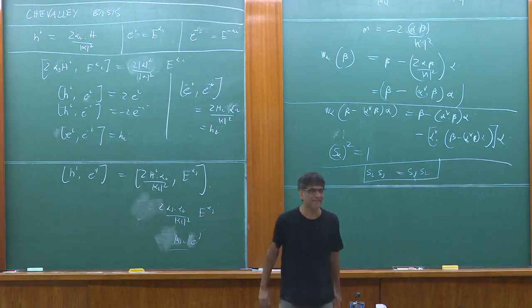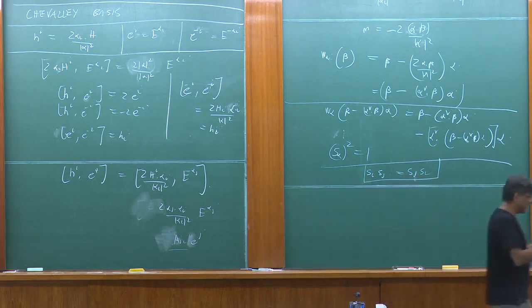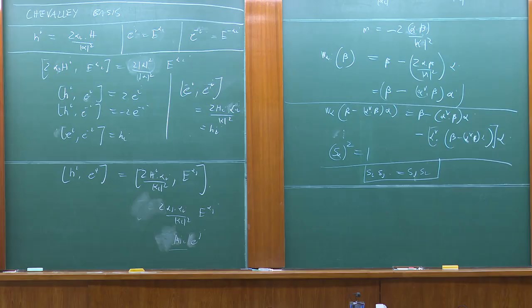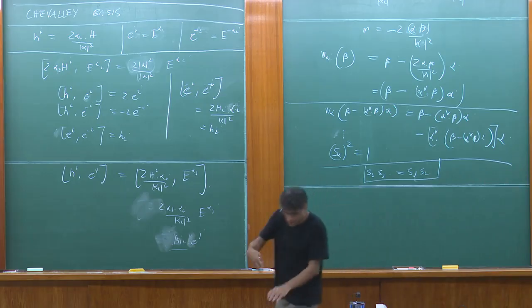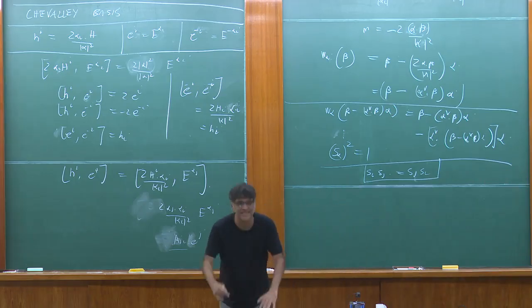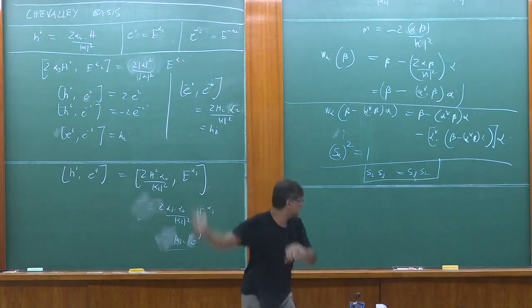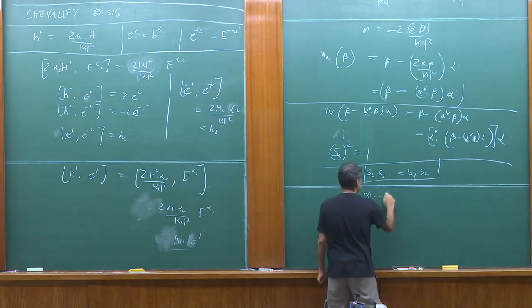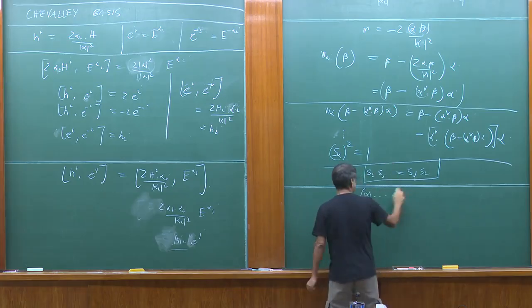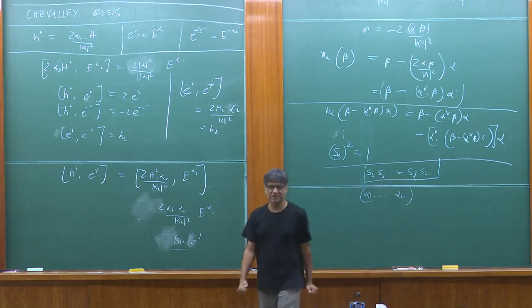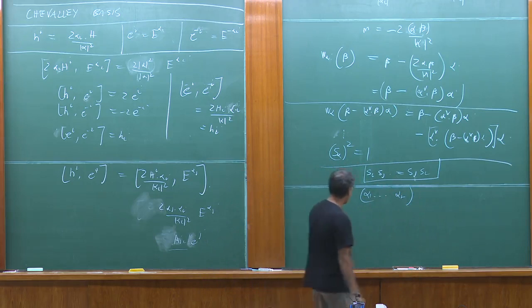Second, if I start with a set of simple roots, let's say alpha 1 to alpha r, where r is the rank, this is a collection of simple roots.